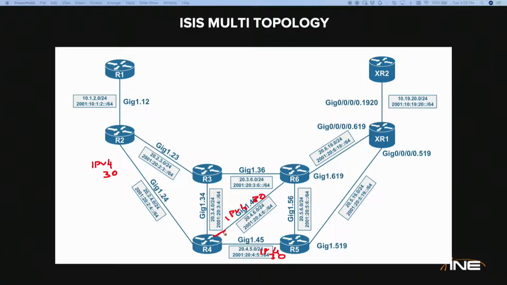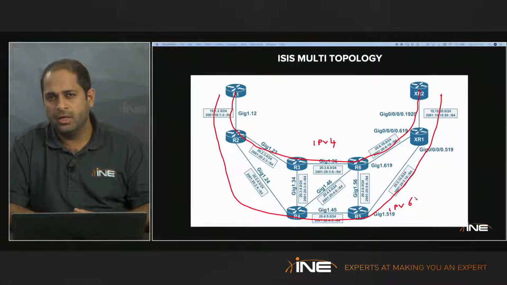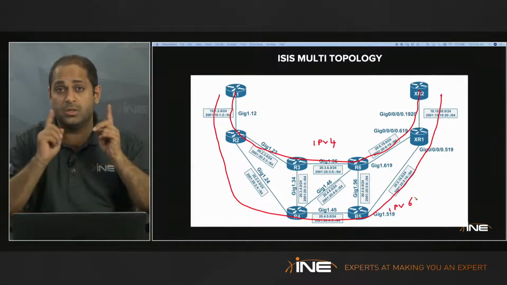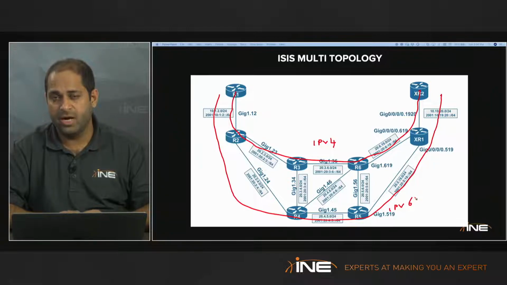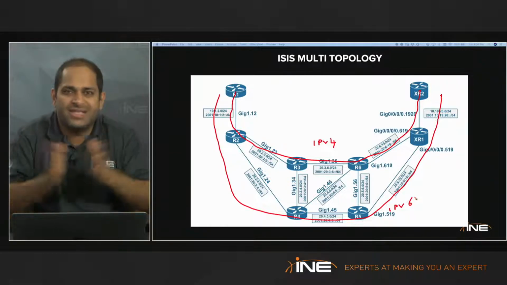So R4 would basically not go to R6 or R5. I did that for the reverse path also. So my IPv4 traffic now goes from this path, and IPv6 goes from the bottom path. Now this was really not possible in single topology because it's a 1-to-1 ratio where IPv4 and IPv6 take exactly the same path. But with multi-topology, I could separate that.